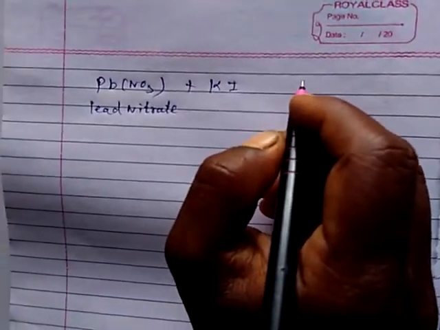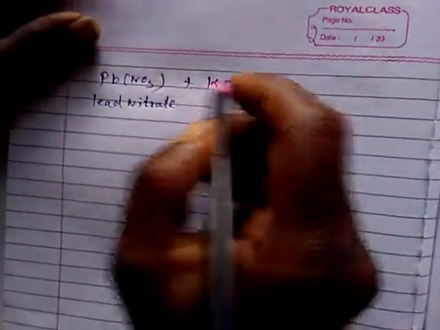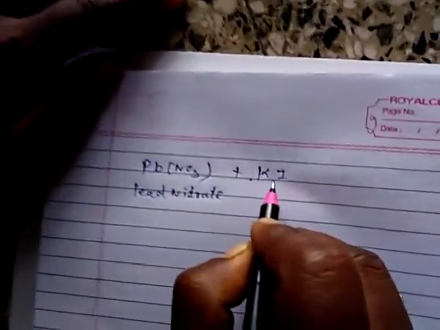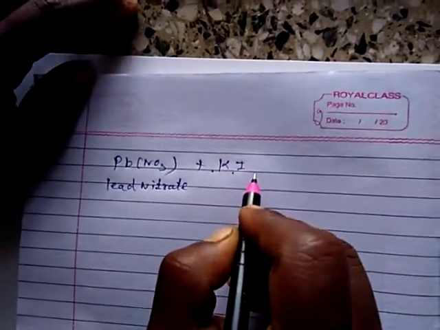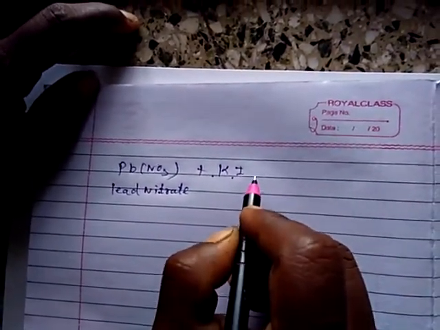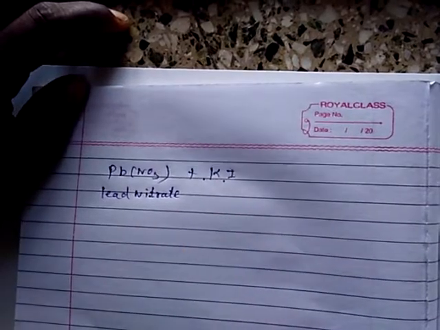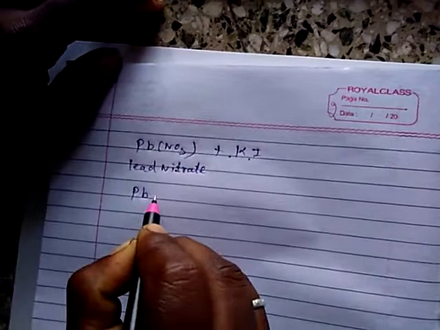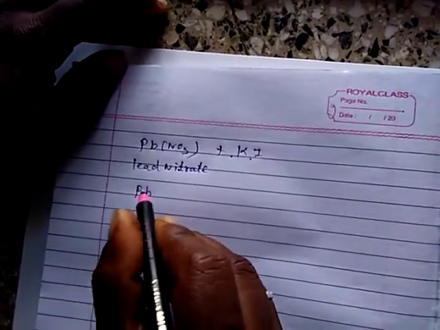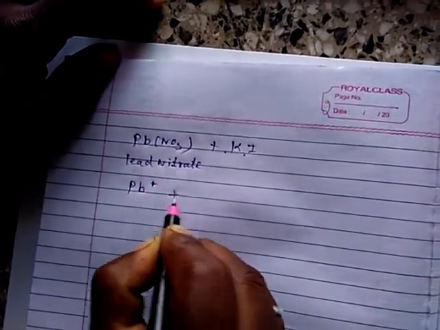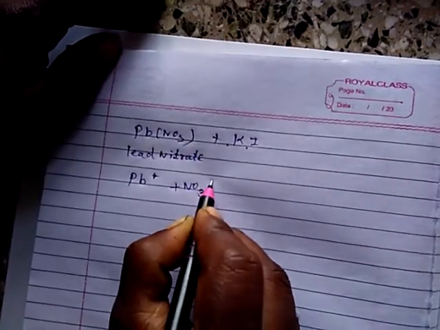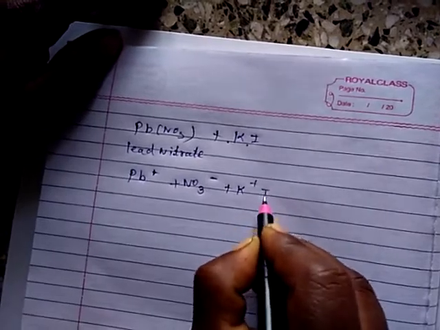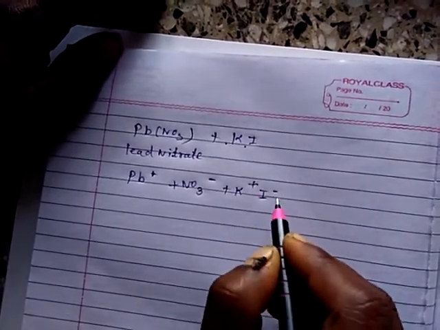First, let's write down the formulas of the reactants. Lead nitrate plus potassium iodide. Next, we are going to split the reactants into their respective ions. Lead positive ion, nitrate, plus potassium ions, iodide anions.